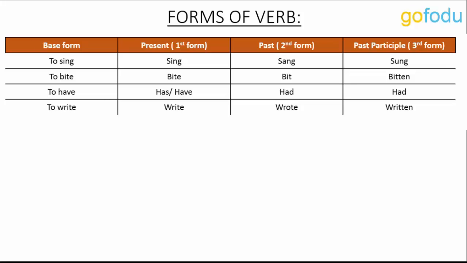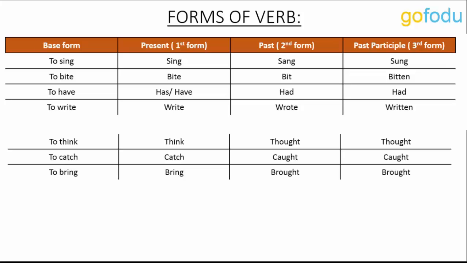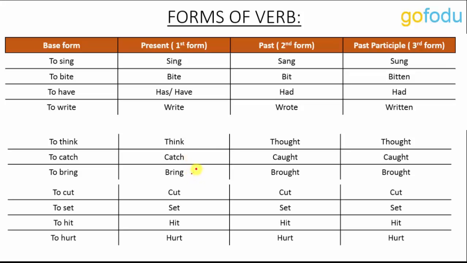Has, have, had. Write, wrote, written. Sometimes in some verbs the second and third forms are the same, like think, thought, thought; catch, caught, caught; bring, brought, brought. But in some cases, all three forms are the same. Cut, cut, cut; set, set, set; hit, hit, hit; hurt, hurt, hurt.